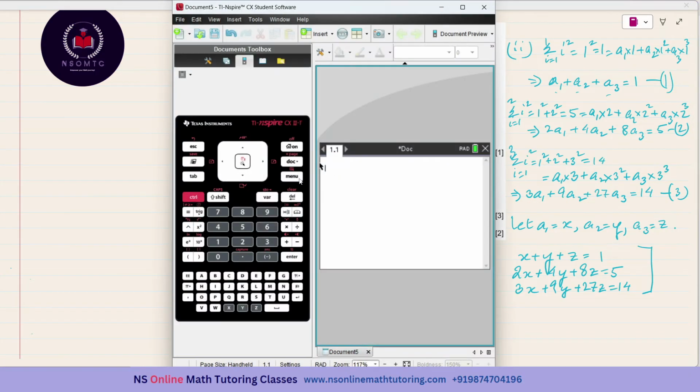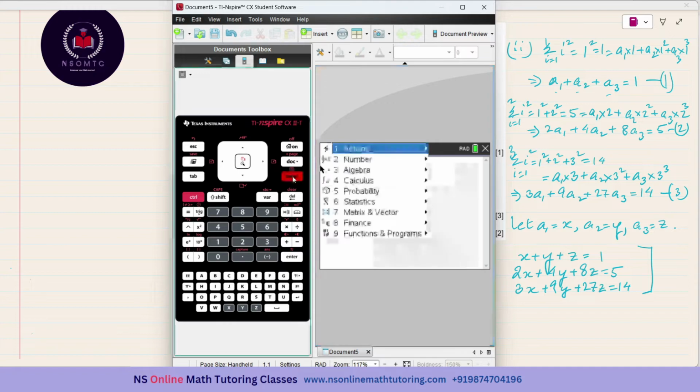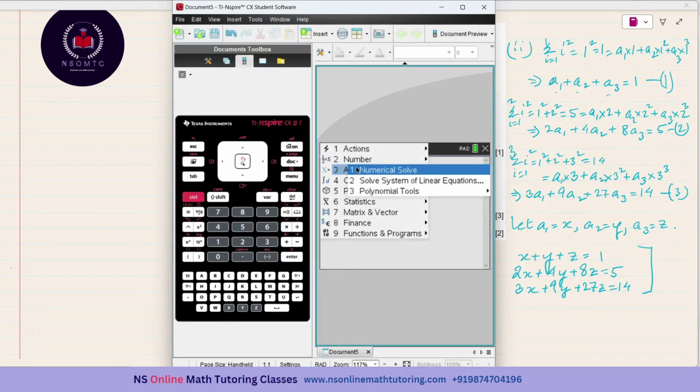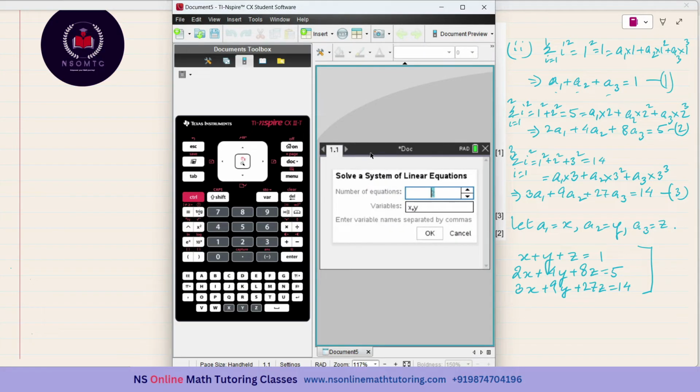Okay. So we have to solve a system of simultaneous equations. Therefore, we are on the calculator page. So we press menu and then algebra. And then we have to solve a system of linear equations, so it is number 2. How many equations are we having? 3 equations. And you can write the third variable as z.